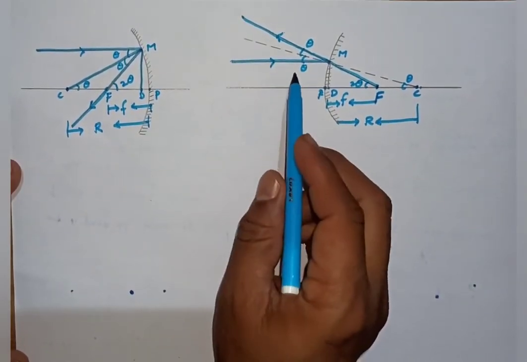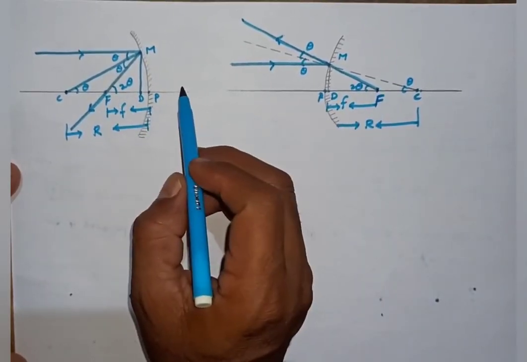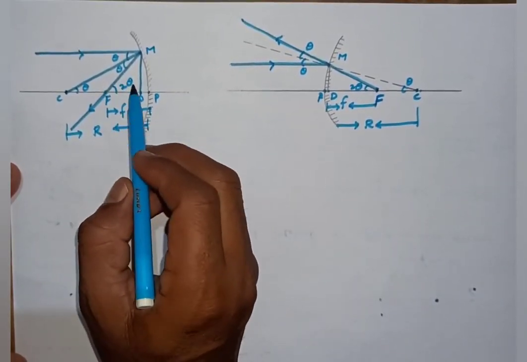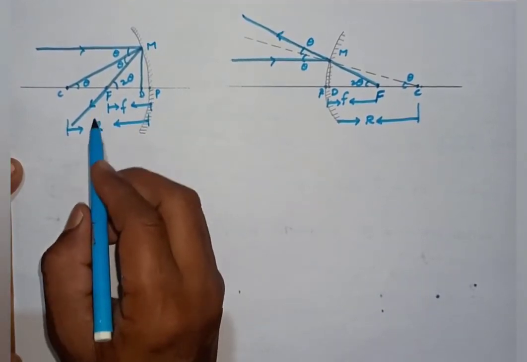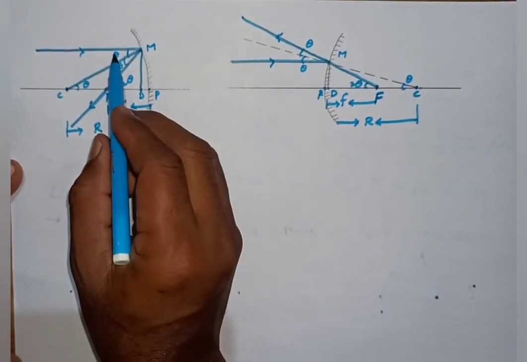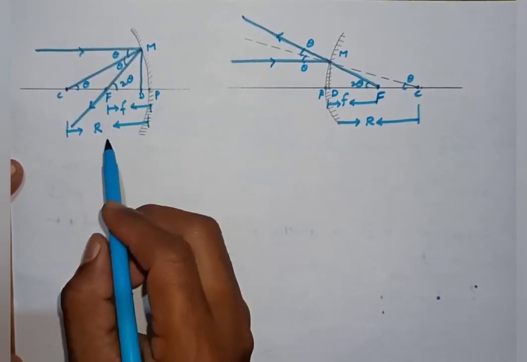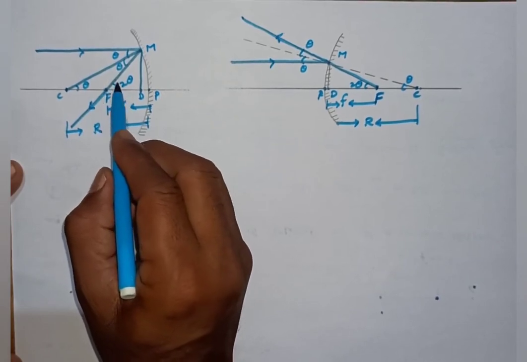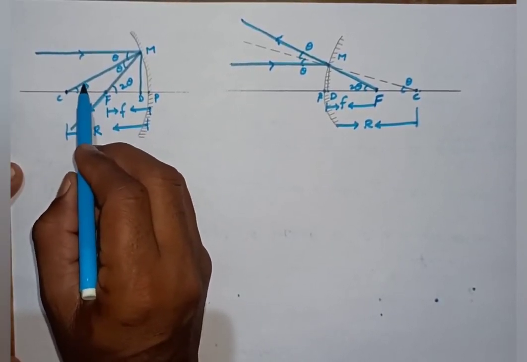Now we consider only one diagram, the concave mirror diagram. Here the angle of incidence is theta and the reflected angle is theta. So this angle is 2 theta, and at this point it is theta.